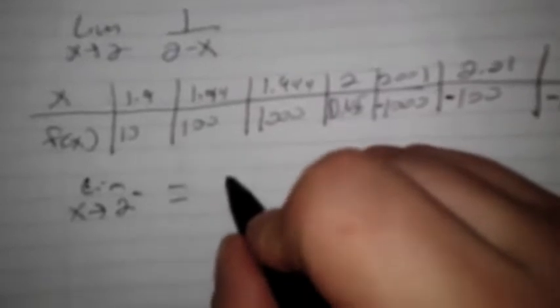So we say that it approaches infinity if we approach from the negative side. If we approach 2 from the positive side, we go toward a really large negative number. I'm going to go ahead and say negative infinity.